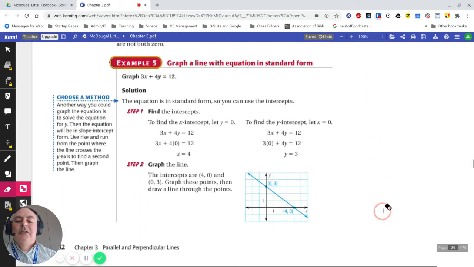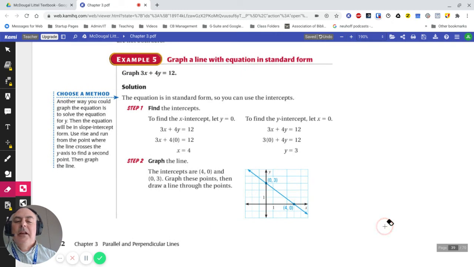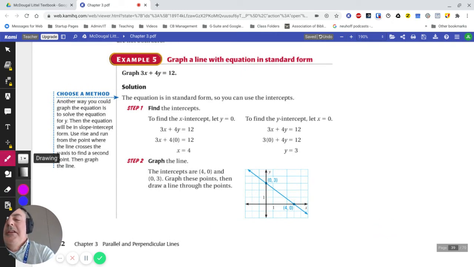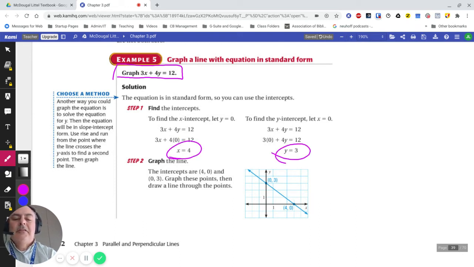Here's a situation where I'm being asked to graph a line, but while this is in a standard form, it is not in slope-intercept form. So what I have to do ultimately is I can solve for x and y here because I'm simply looking for where it crosses.